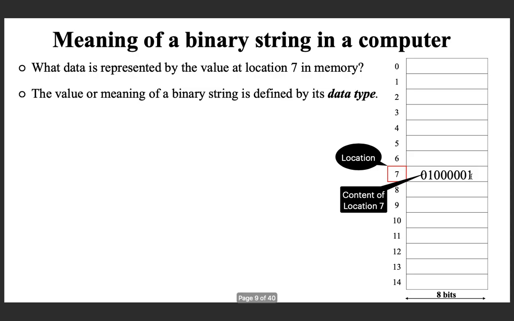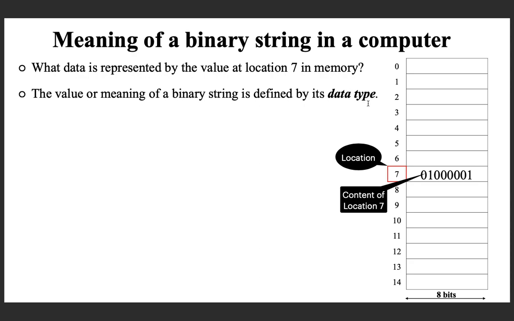And that's data type. The value or the meaning or semantics of a binary string is defined by its data type in any programming language. So the data type defines what value it is representing, or a method of interpretation of the binary string.